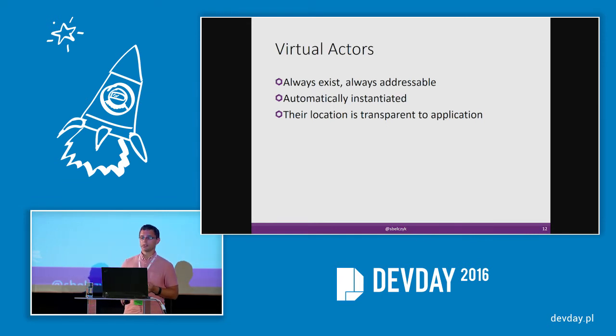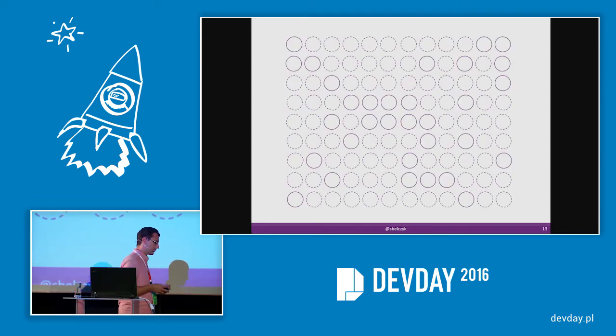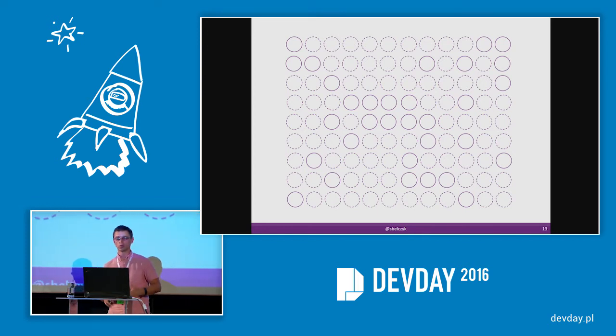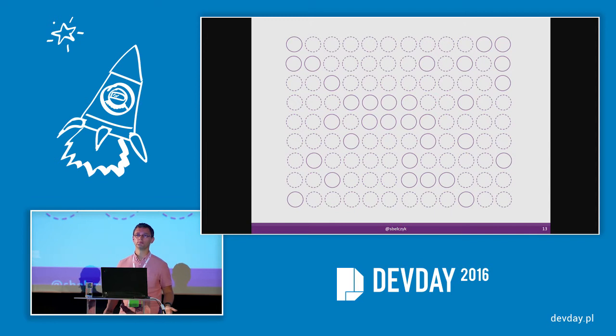So all these characteristics basically simplify the programming model. In effect, all low-level operations are pushed to the runtime, and what the developer does is basically focus on domain modeling instead. So think about virtual actors like an infinite space of all actors that you could ever create in your system.